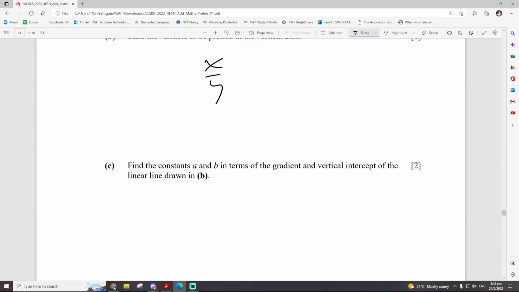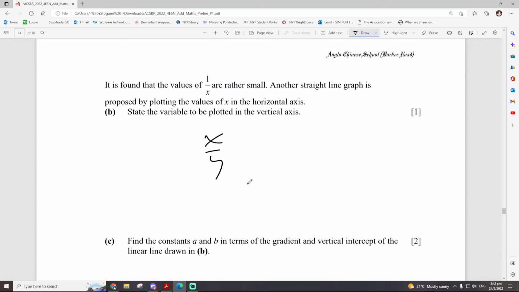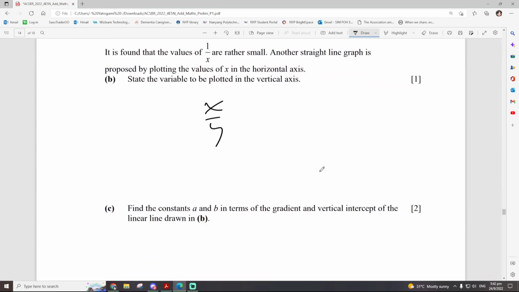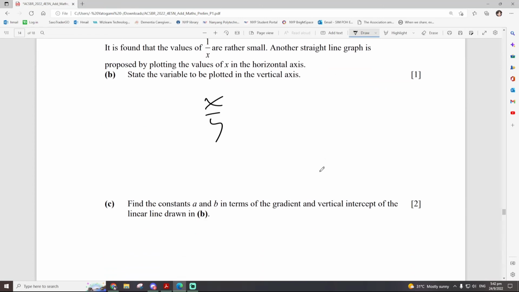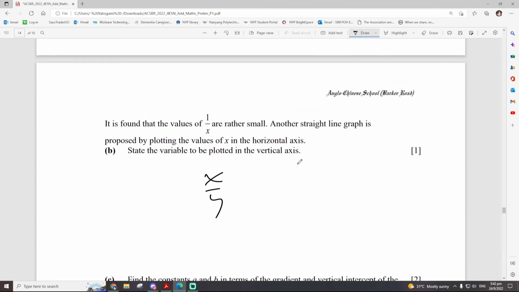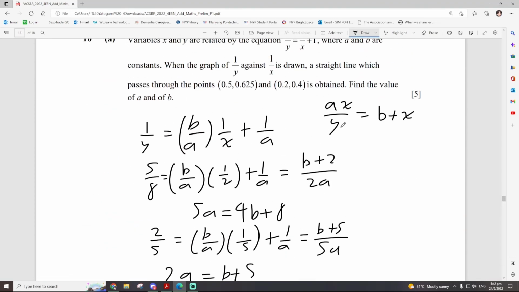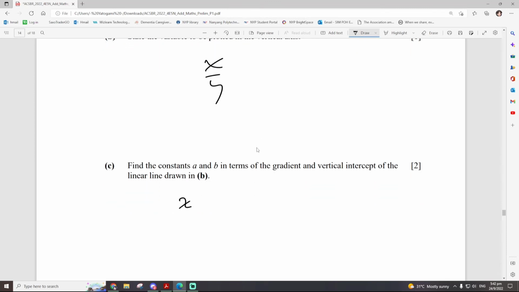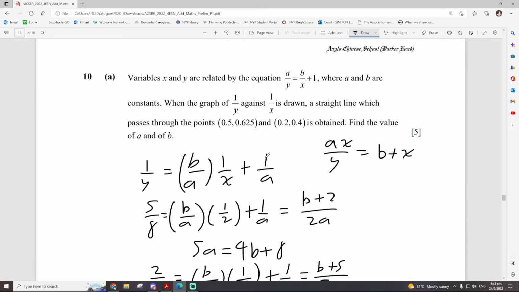Find the constants a and b in terms of the gradient and vertical intercept of the linear line drawn. So this is actually ax over y equals b plus x, so x over y equals 1 over a times x plus b over a. Right?